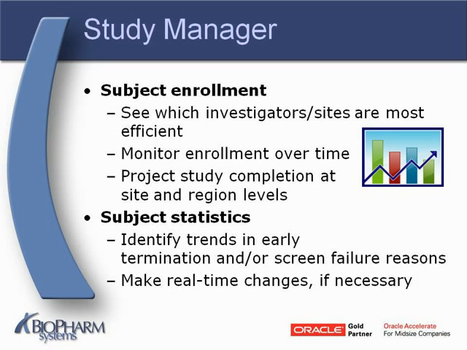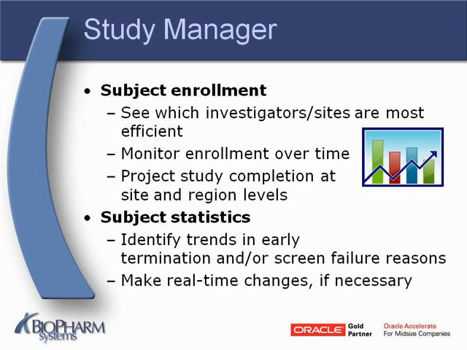Subject statistics, you can actually identify some trends in early terminations and or screen fails. So not only do you track subject statuses where you have your early terms and your screen fails on a study, but you can actually capture the reasons why they early termed and why they screen failed.